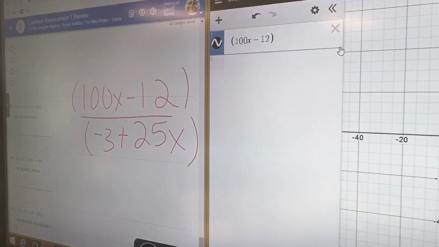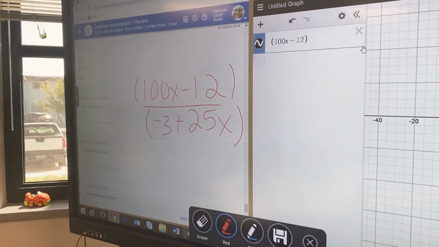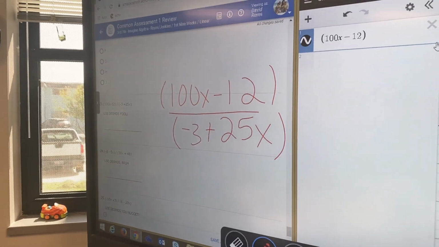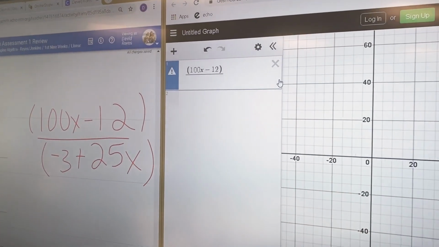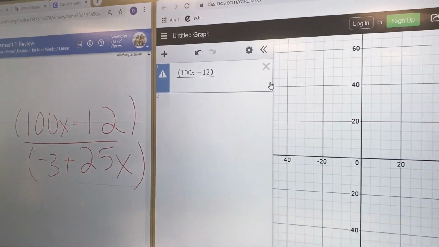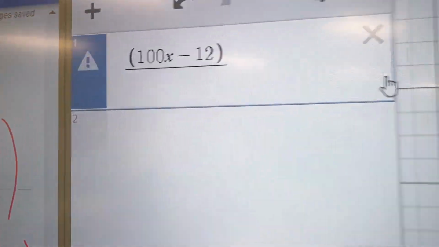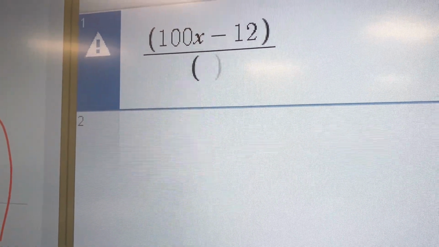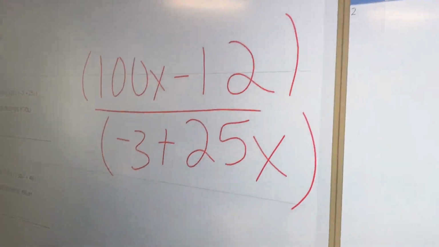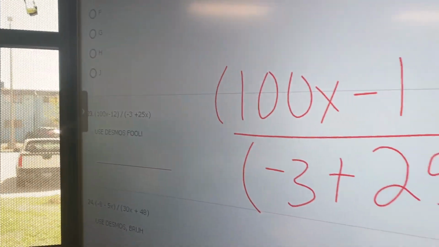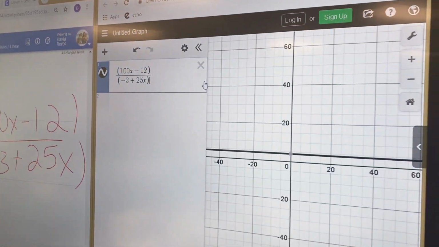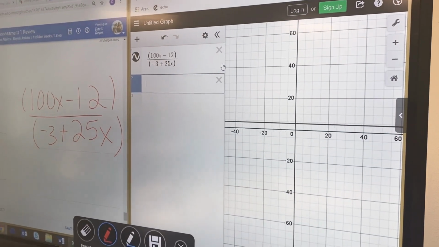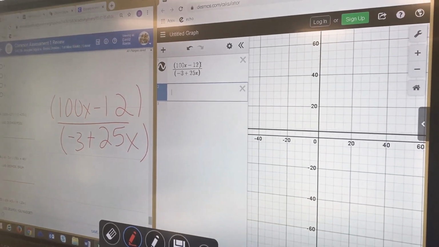On 23, yep. Divided by. The divided by button is right by the shift. It's where the question mark is. Divided by, it's also known as a backslash. Negative, in parentheses, negative 3 plus 25x. Close parenthesis. Okay? Now, this time, polynomials, division of polynomials.